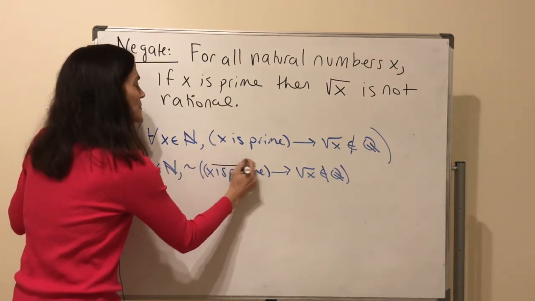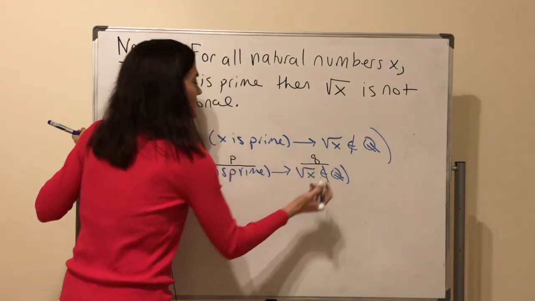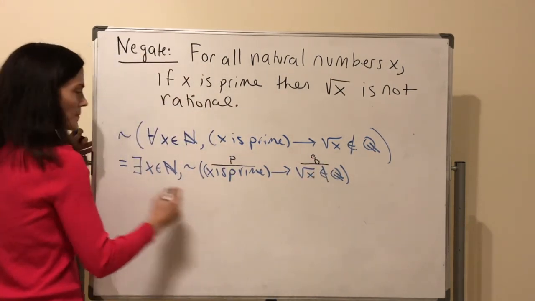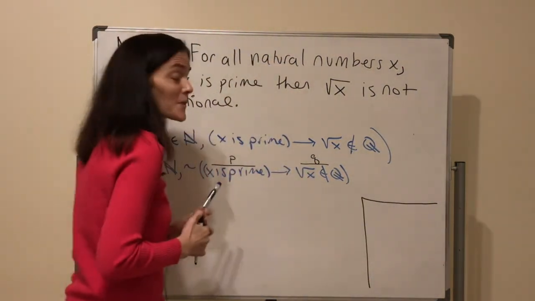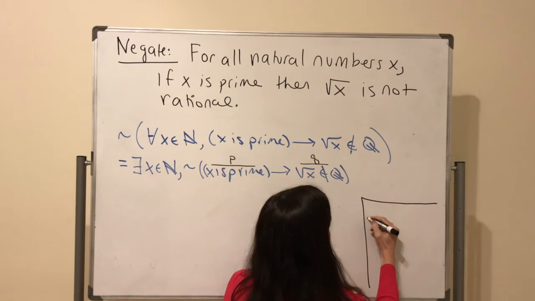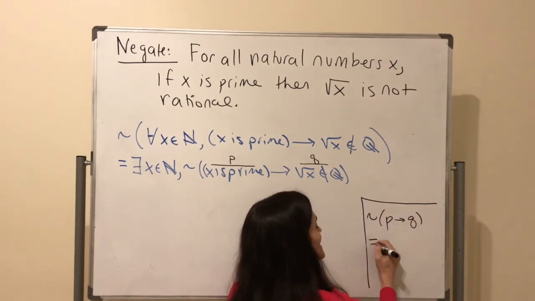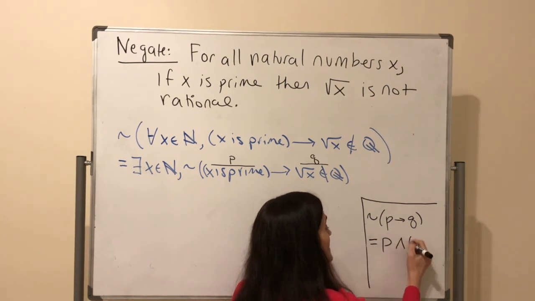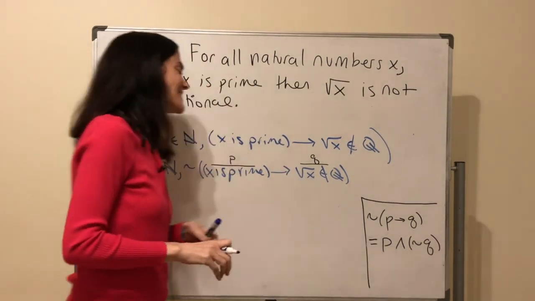If I call this P and I call this Q, and maybe I'll put it down here in a box, if we negate P implies Q, this is P and not Q. Okay, this is what we discussed.